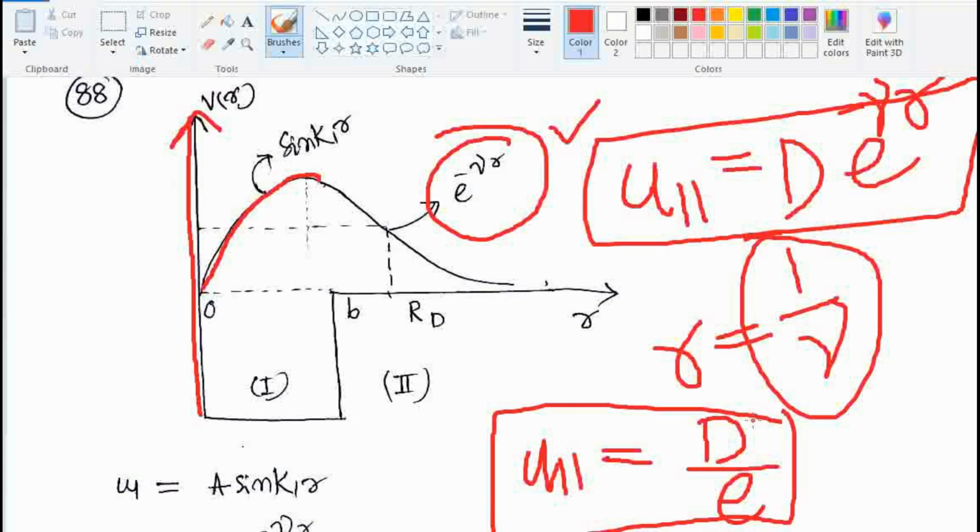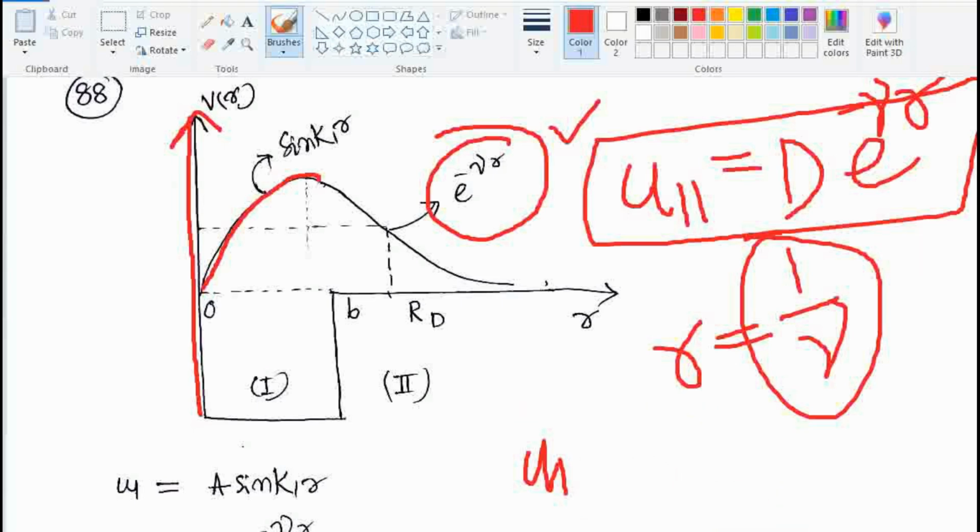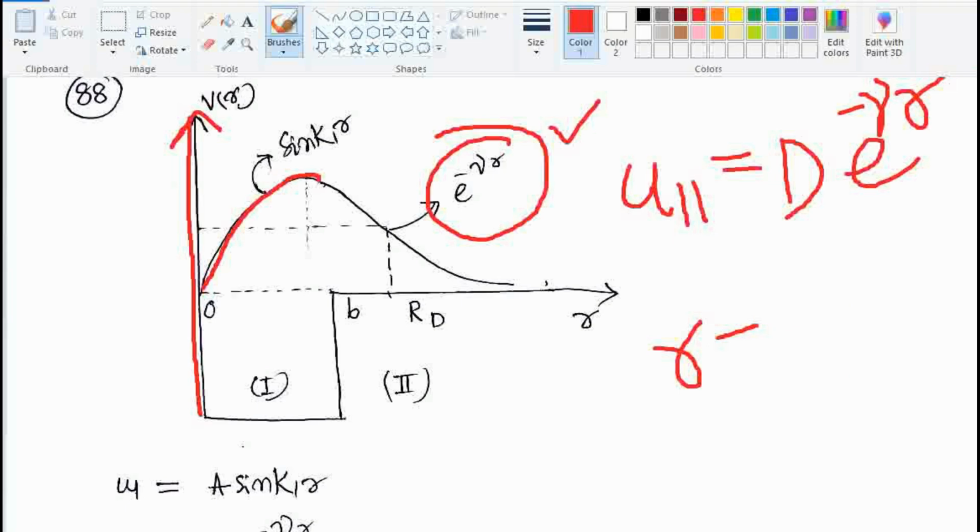So this is the definition of the radius of the neutron. We also know the value of this gamma, while deriving the equation of the wave function in the second region.